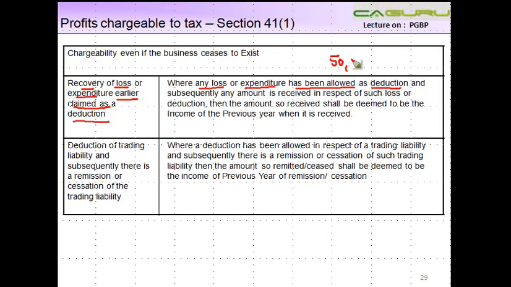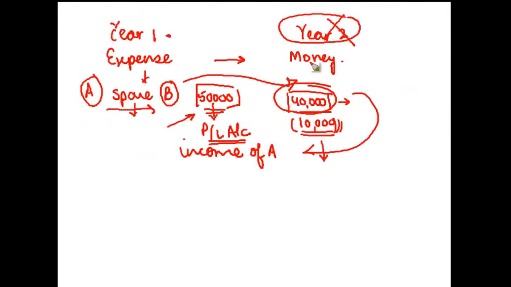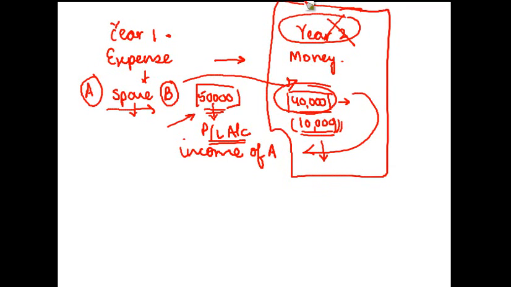So the condition is applicable if the entire 50,000 was allowed as a deduction, and subsequently any amount is received in respect of such loss or deduction, then the amount so received shall be deemed to be the income of the previous year when it is received. So this 10,000 will be treated as income of year 2, right? Now let's take another case based on these facts only.